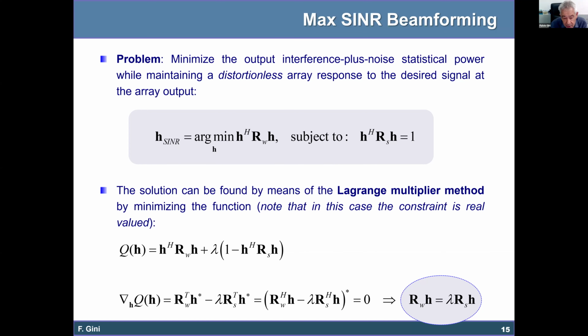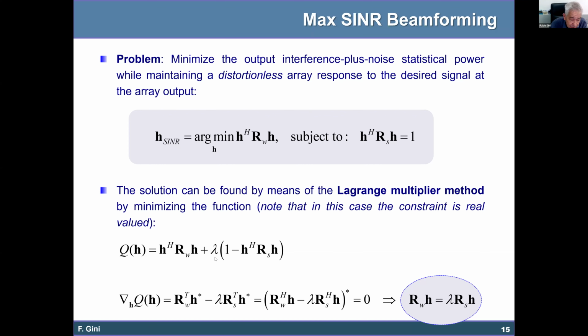Now, how do we solve this problem? We can use the Lagrange multiplier method again. Now, this quantity is real, so the constraint can be expressed in this way without the conjugate. So this is the function that we need to minimize.